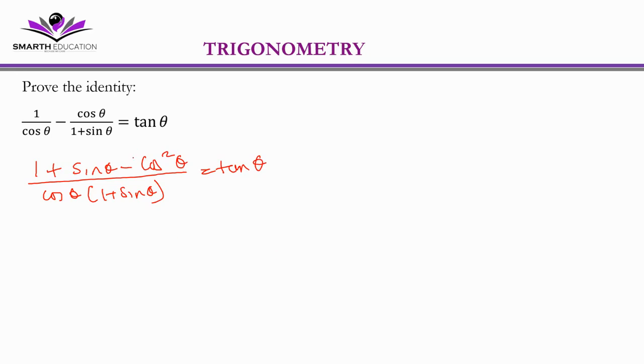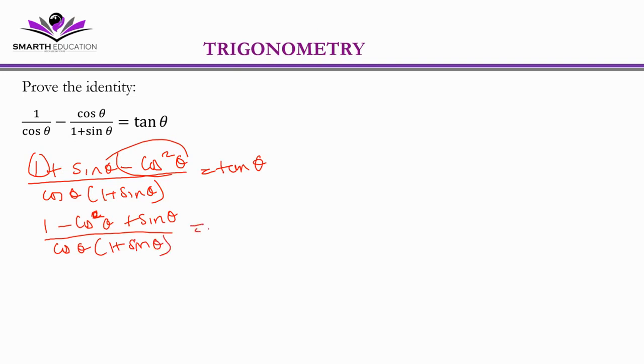Now if we check here, we can rearrange this. Addition is commutative, so we can say this is 1 minus cos squared theta plus sine theta over cos theta times 1 plus sine theta, is equal to tan theta. And then remember, 1 minus cos squared theta is actually sine squared theta.